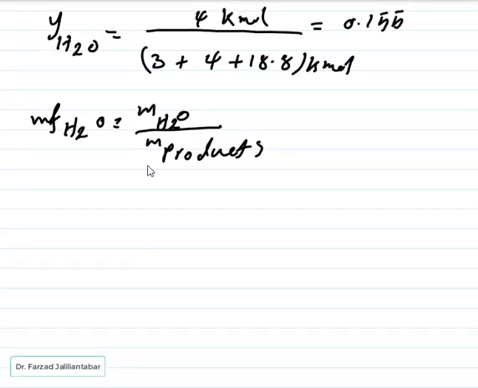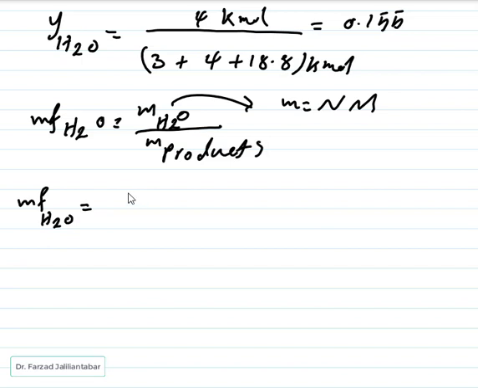Again, you know that here mass will be equal to N times M. So just by substitution, mass fraction of H2O will be like this: N of H2O times M of H2O divided by mass of products.